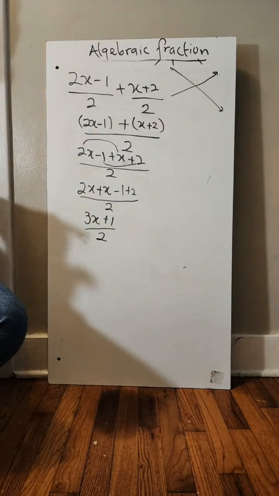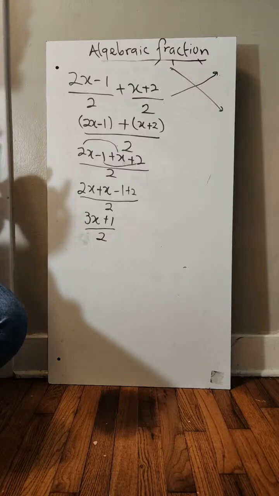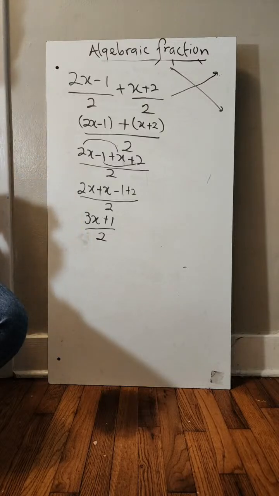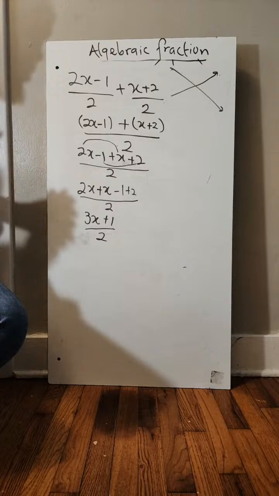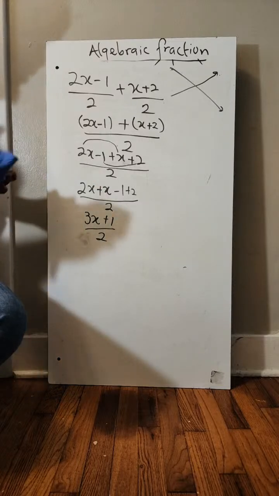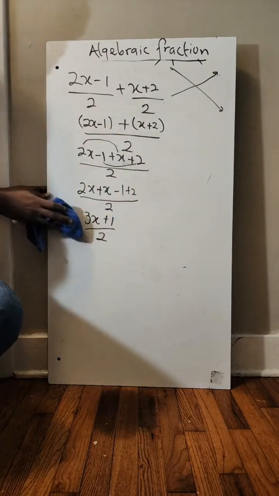So this is how to deal with a little bit complicated algebraic terms. For today, lastly, I'm going to have a look at something different, and we'll continue next week.